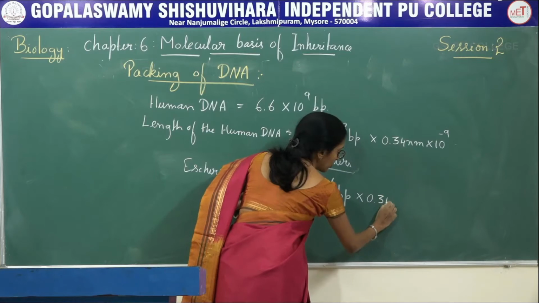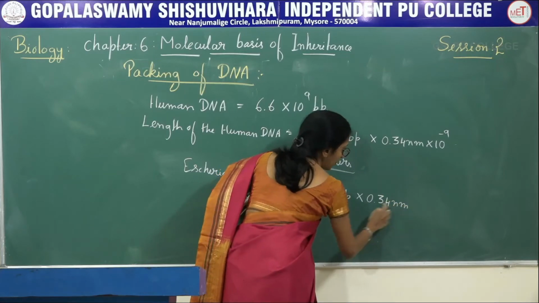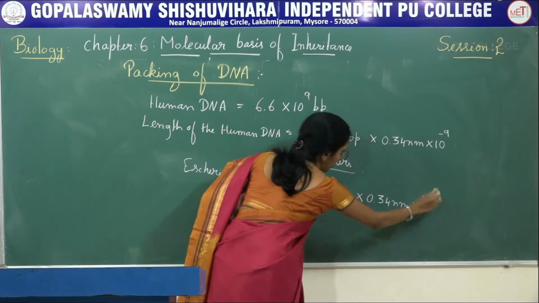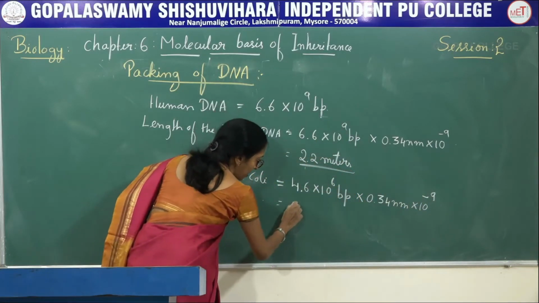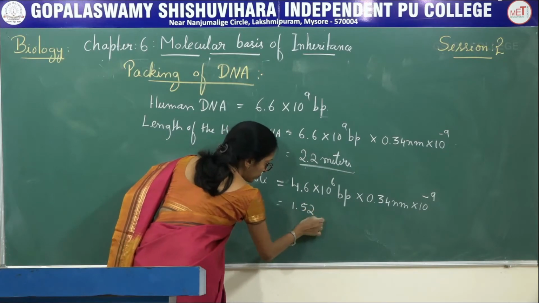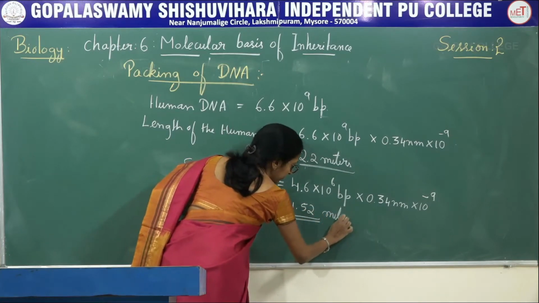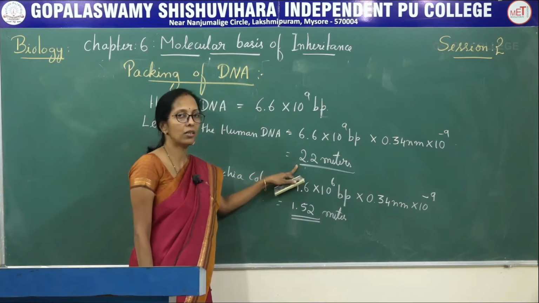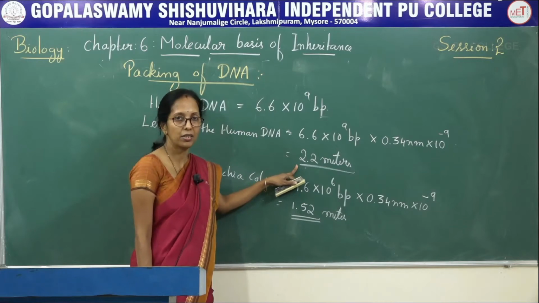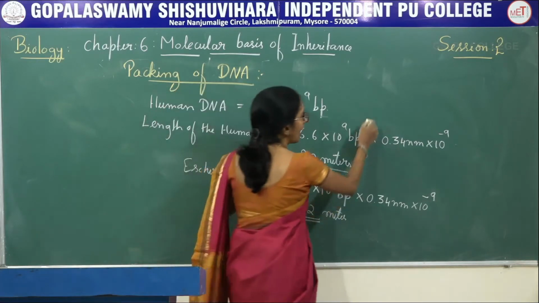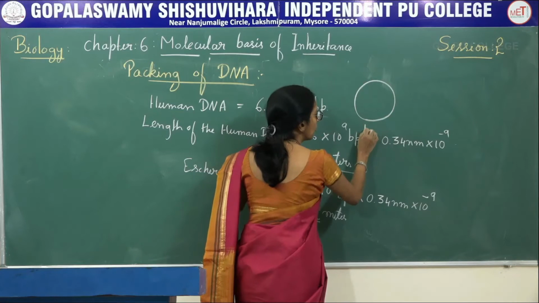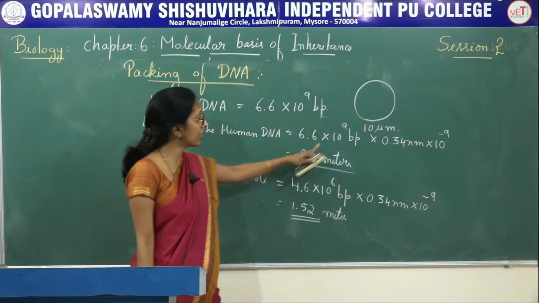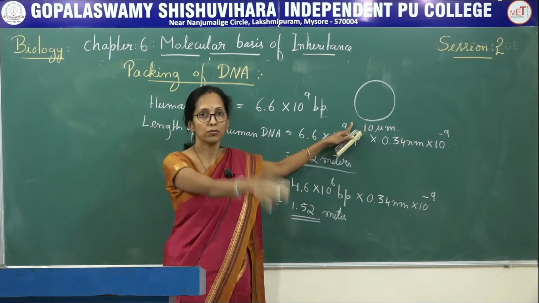The distance between the two nucleotides is same 0.34 nanometer into 10 to the power of minus 9, approximately comes 1.52 meters. Here the length of the human DNA is around 2.2 meters, but the dimension of the nucleus is only 10 micron meter. So the length is greater than the dimension of the nucleus.